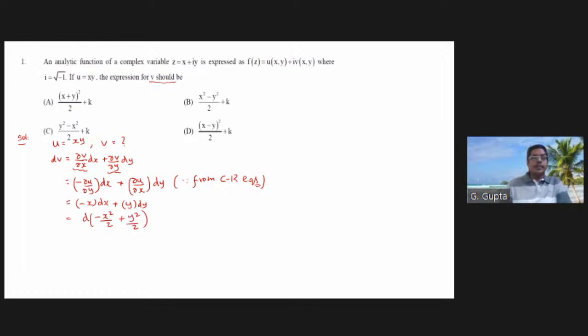So integrating, finally this is dv, integrating both sides, you will be getting v is equal to minus x square by 2 plus y square by 2. I can add constant k because all options contain constant k. So this is nothing but y square minus x square whole divided by 2 plus k. Accordingly, the answer is option C.